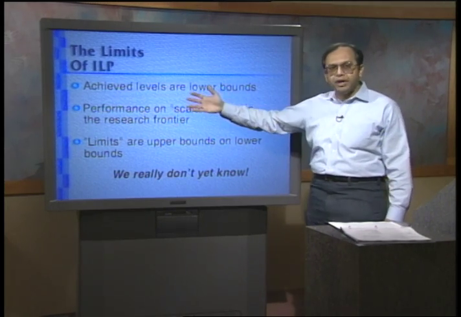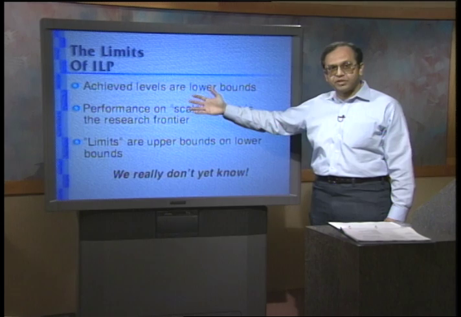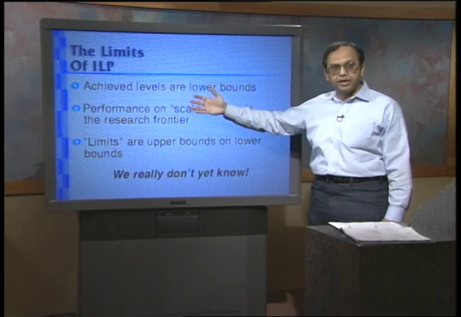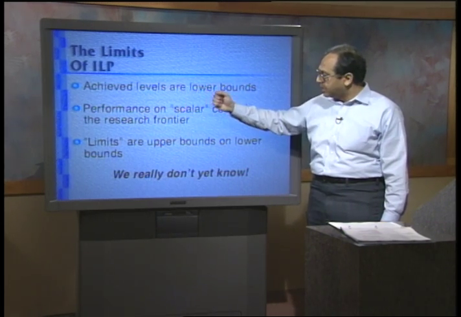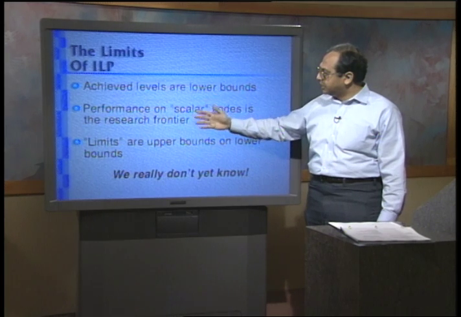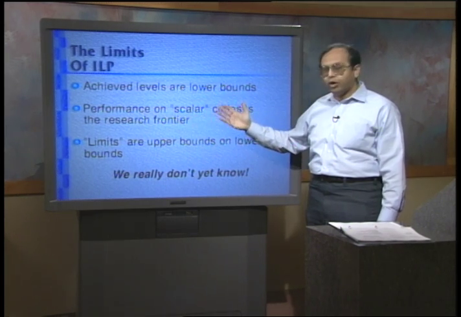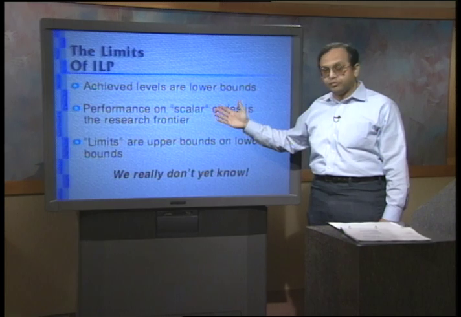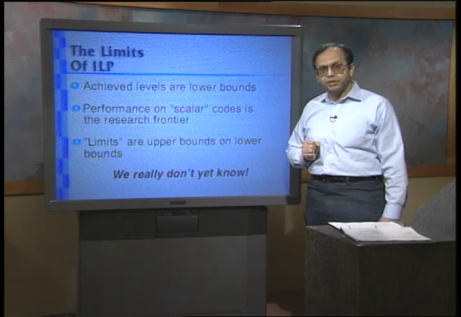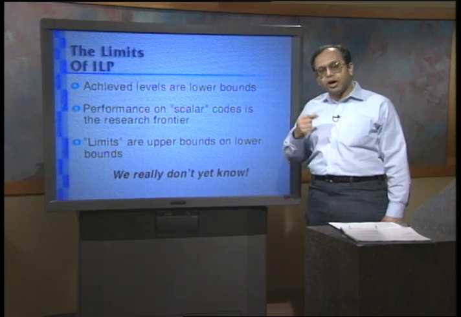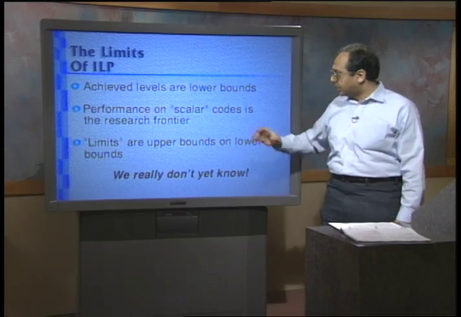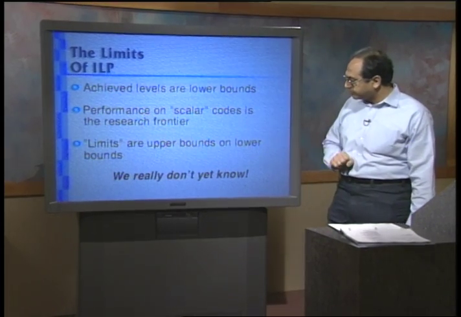However, we should bear in mind that many of the techniques that we've been discussing today have really not been applied when those measurements were taken. And the issue really is, when we perform all the research that is currently being performed on finding ILP in scalar codes, how much ILP will we find at that point, after the technology is in place?